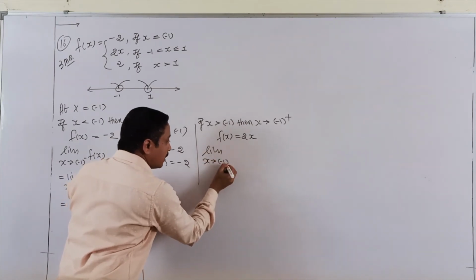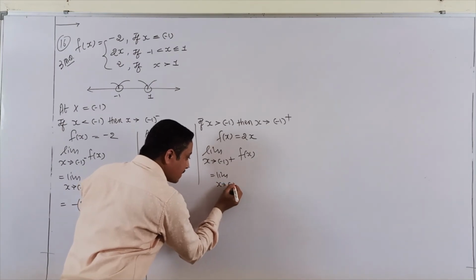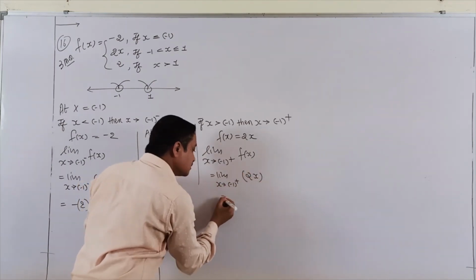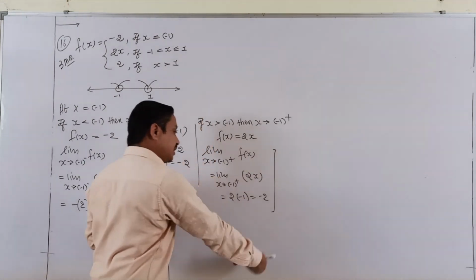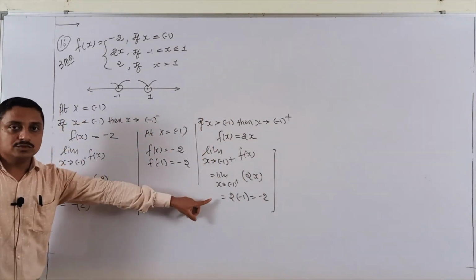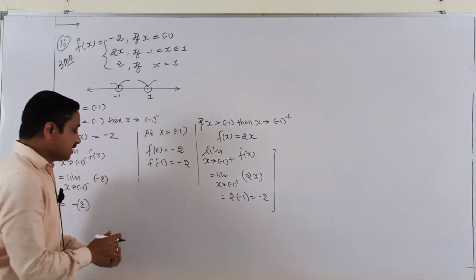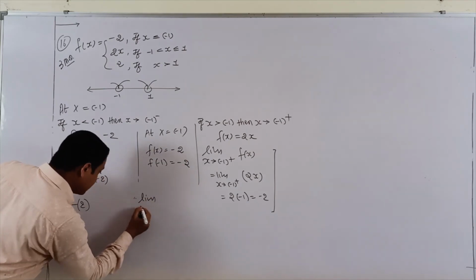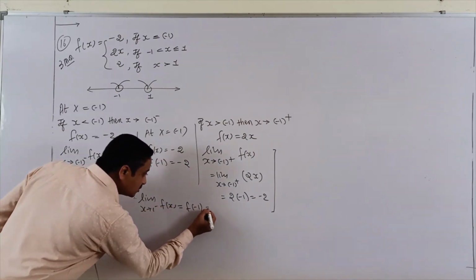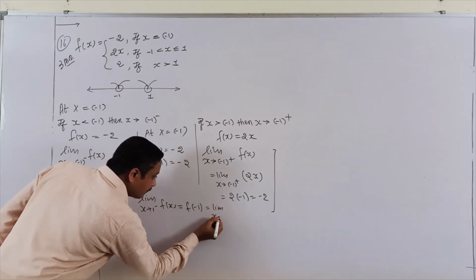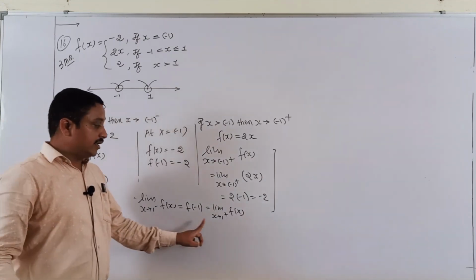So the limit as x tends to -1 positive of f(x), as before, my expression is 2x. So students, I am just applying it, and all are the same. That's why I write down lastly that the limit as x tends to -1 negative of the function is equal to f of -1, and finally the limit as x tends to -1 positive of the function.